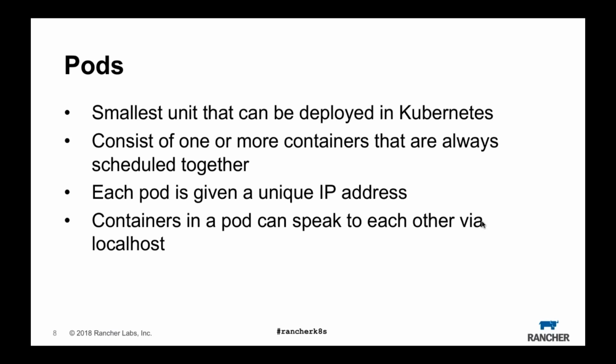The other special thing about it is that they share some kernel namespaces. For example, they share the network namespace, which means that they can talk to each other on localhost, but also only one container in a pod can bind to the same port.